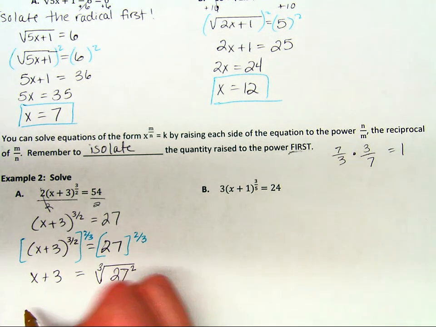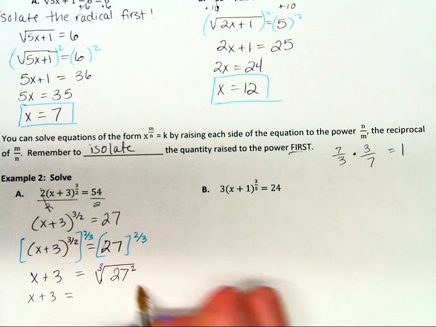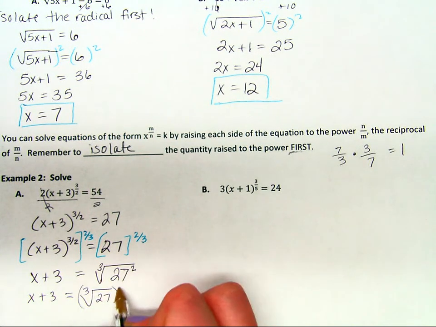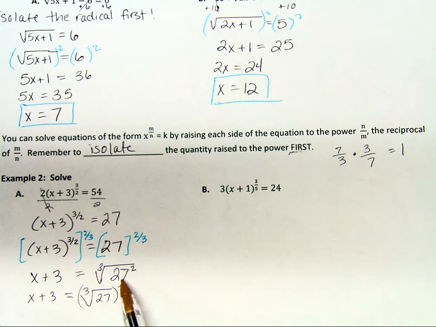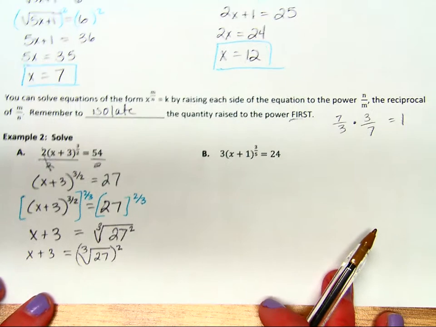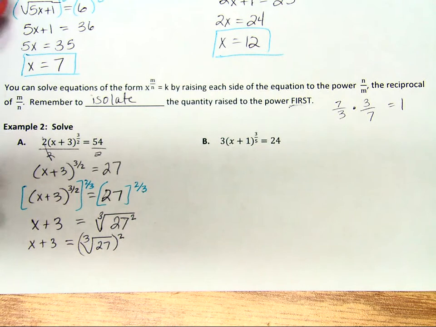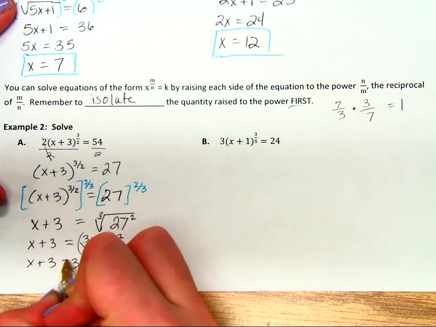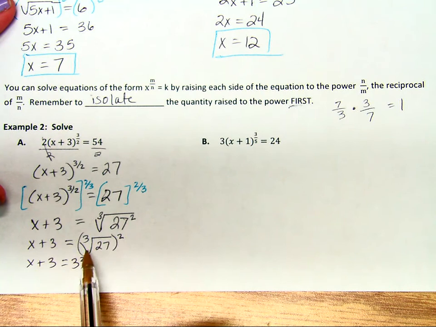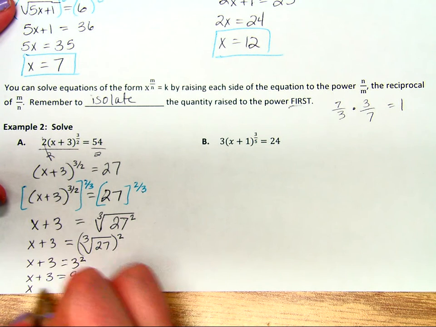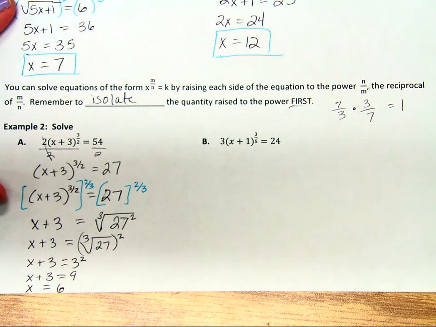And now I also have the property that tells me I'm allowed to move that squared to the outside, because I might not know what 27 squared is off the top of my head and then be able to take the cube root of that. But I do know the cube root of 27 is 3. So now I have 3 squared, because the cube root of 27 is 3. So I now have x plus 3 equals 9. Subtract 3, x equals 6.